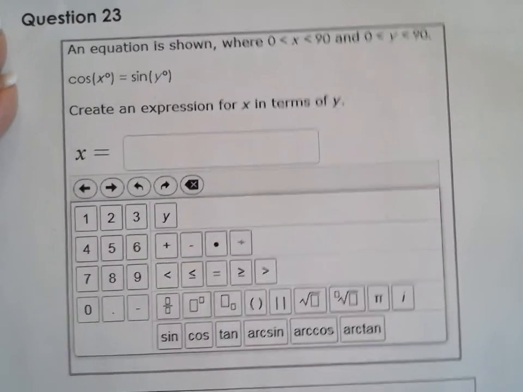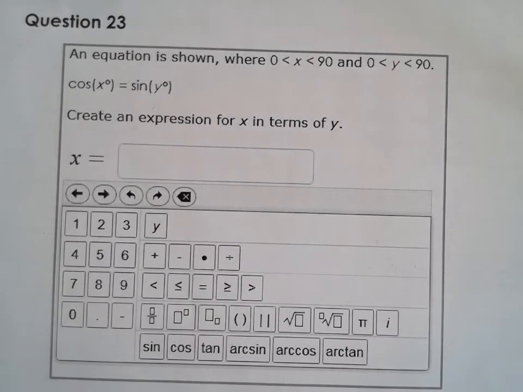23. An equation is shown where x is greater than 0 but less than 90, and so is y. Cosine of x is equal to the sine of y. Do you agree with that? Okay, so create an expression for x in terms of y.